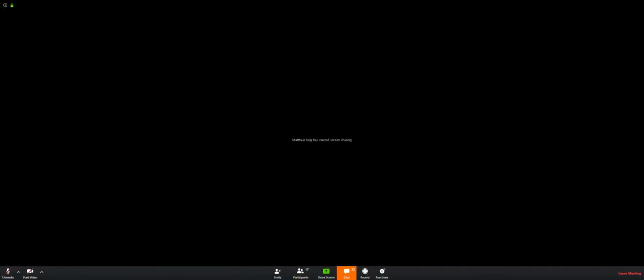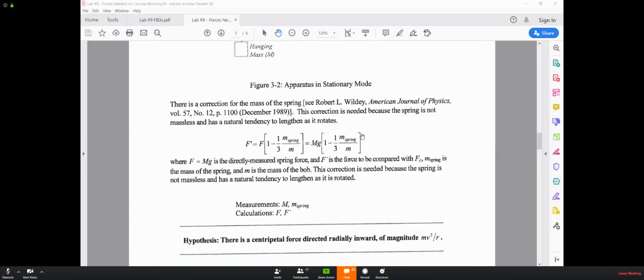Oh, I got a number pretty similar to you, Daniel. So 0.9882. By the way, what are the dimensions of the number in square brackets? Grams over grams cancels out. This is dimensionless. So take mg and multiply it by 0.9882 or so.